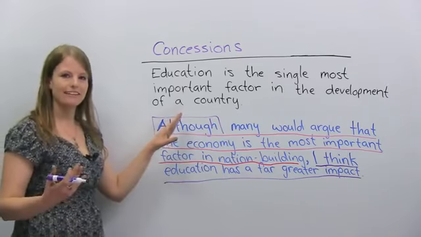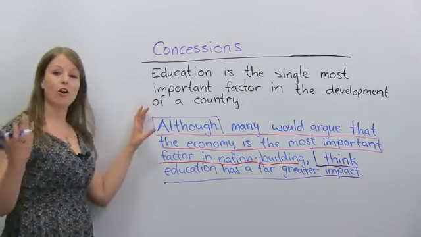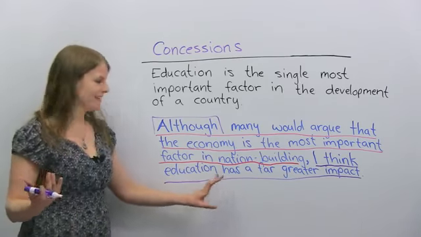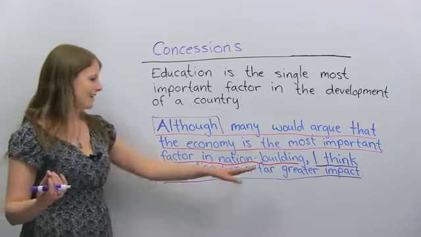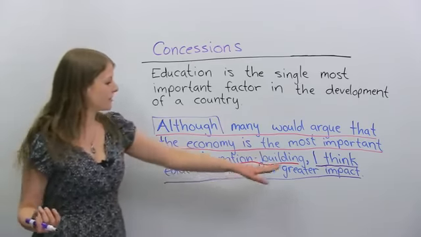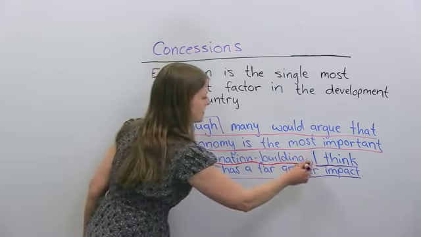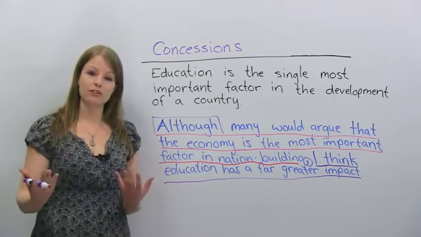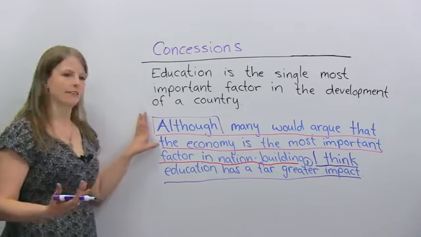So the first part of the sentence is in red, and it's the although part. And the second part of the sentence is in purple, okay? And that's, I think education has a far greater impact. And they're separated by a comma. So a concession has two parts to it. You say what the other people think first.